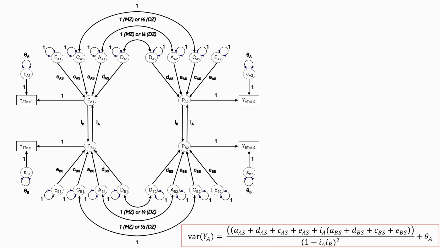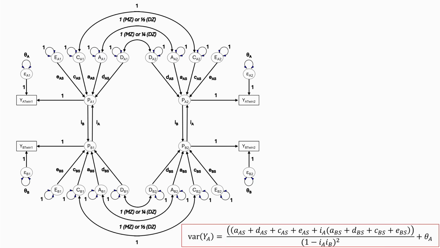Well, if you look at the formula for the variance of YA, this is the same across twin 1 and twin 2, and across MZ and DZ twins. In fact, the expected variance is equal to the formula that you see in the red box in the bottom right-hand corner of the screen.